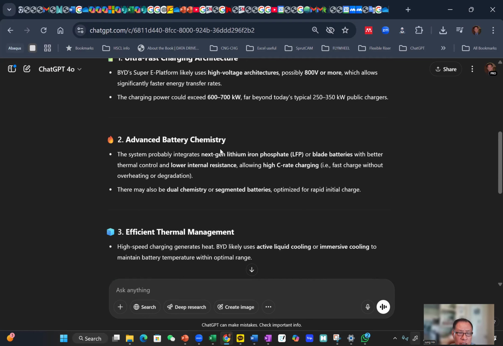Okay, so this may also be a dual chemistry or segmented batteries optimized for rapid initial charging and efficient thermal management.